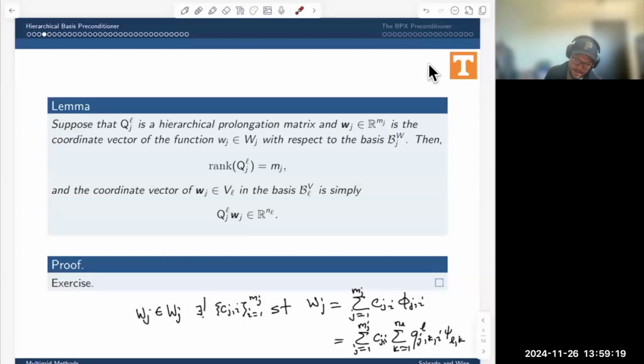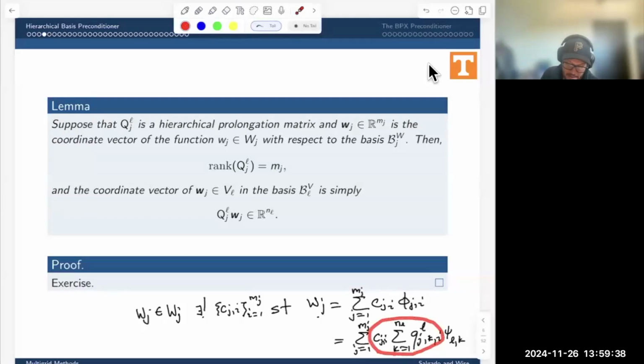Now all I have to do is realize that this product here, I guess I should have used W for that, but in any case, is precisely what we're looking for. I rearrange things, and it's going to be this part here.